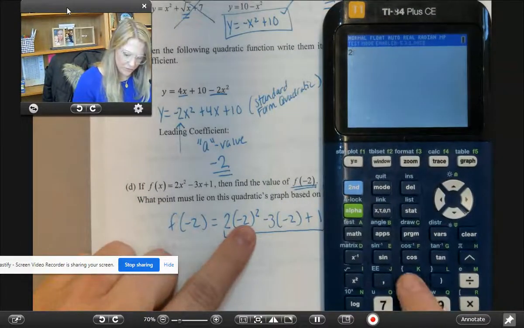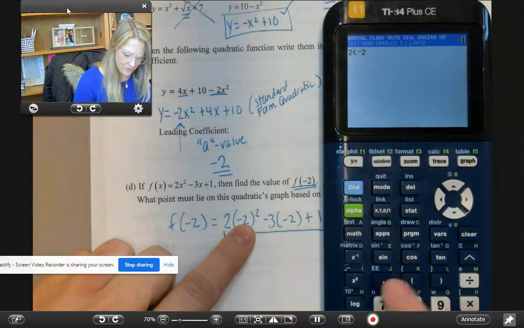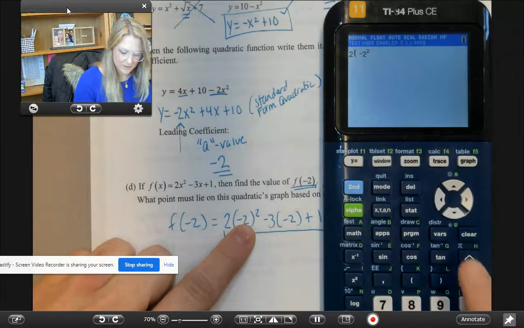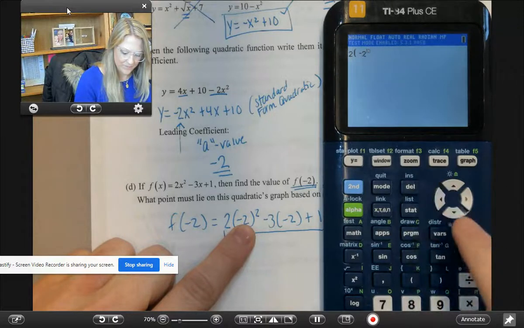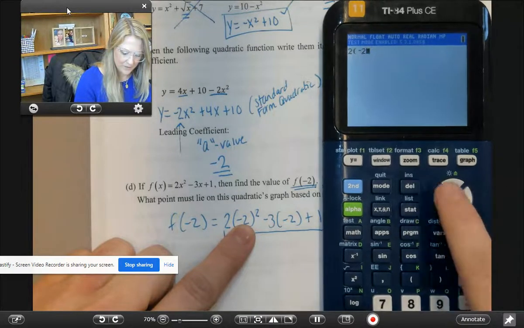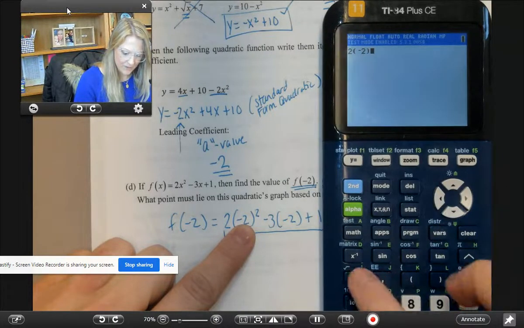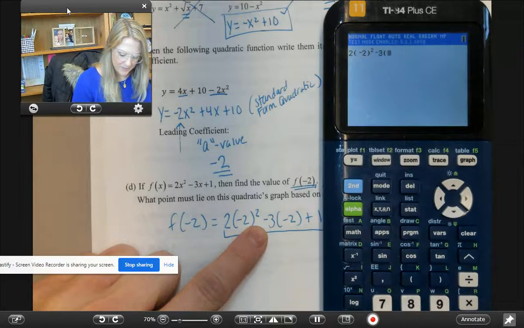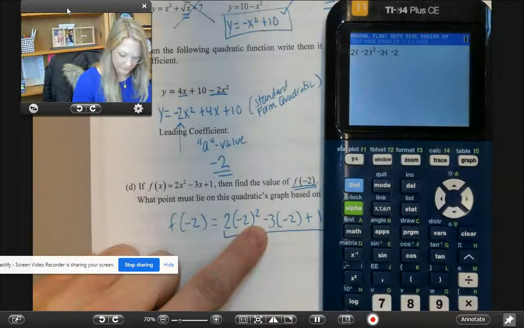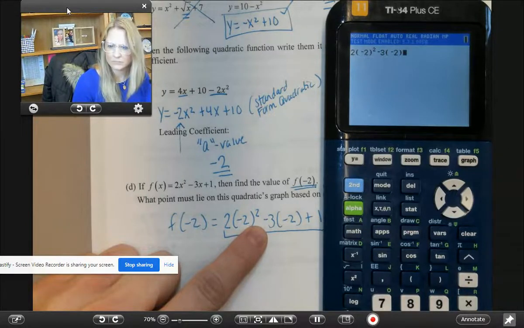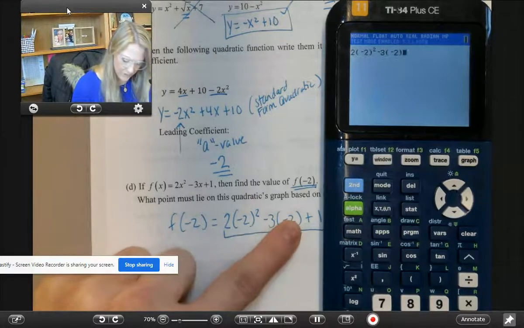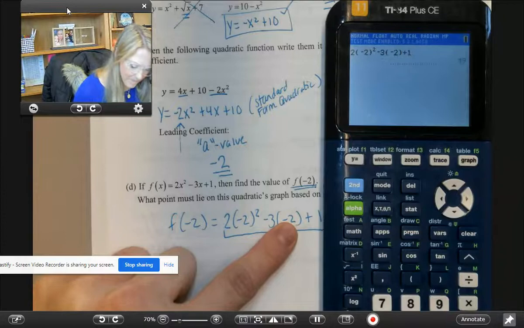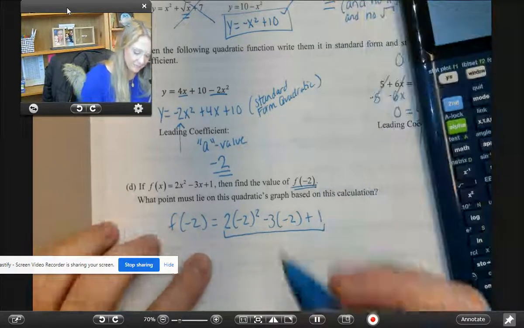So we're going to do 2 times -2 squared. Oops. Parentheses first, Miss Martin. Delete. Squared. There we go. So 2 times -2 squared minus 3 times -2 plus 1. And we get 49.